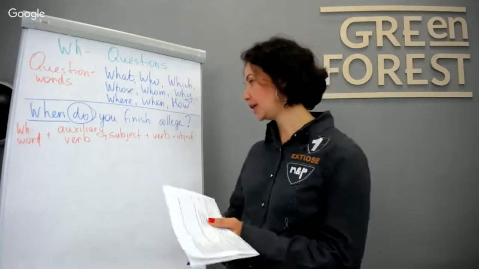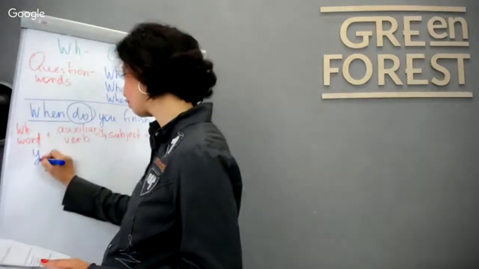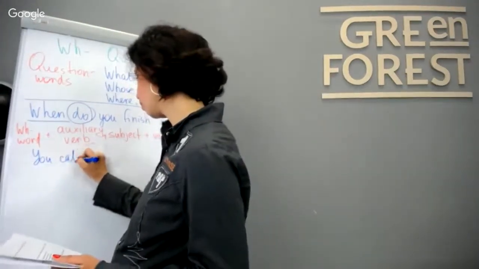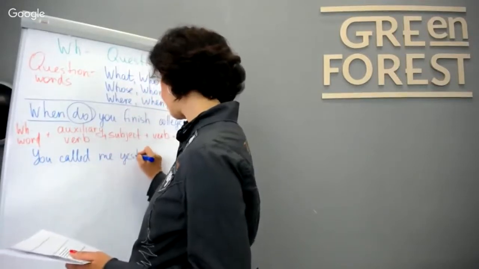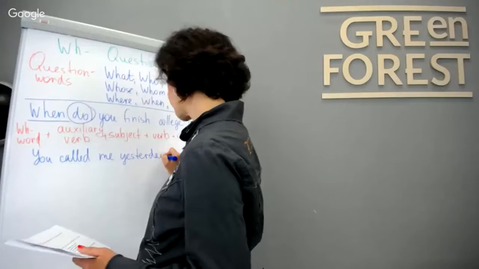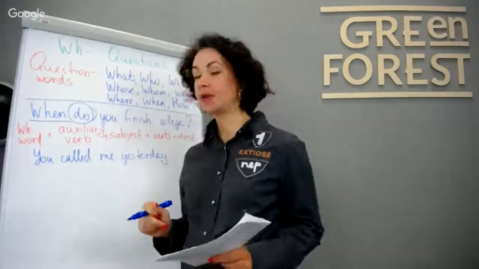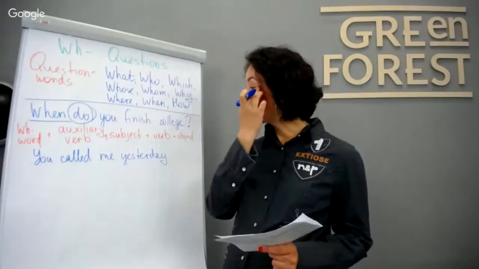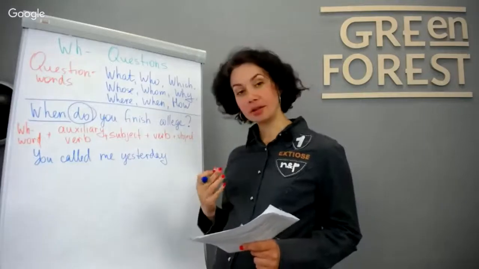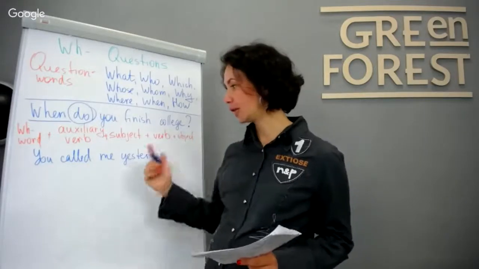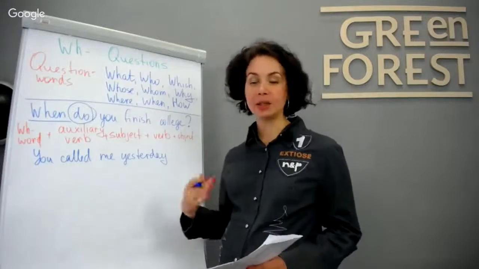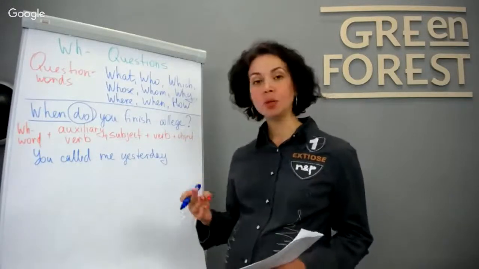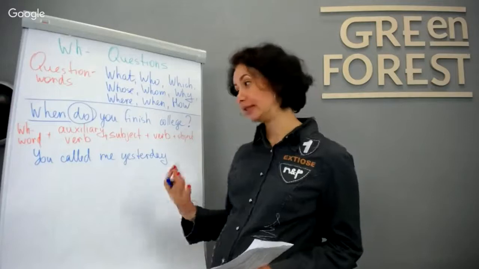You called me yesterday. We have to identify, first of all, auxiliary verb. What auxiliary verb is over here? If we look at our main verb, called, we understand that this is past simple. And for past simple, we need to use auxiliary verb did.